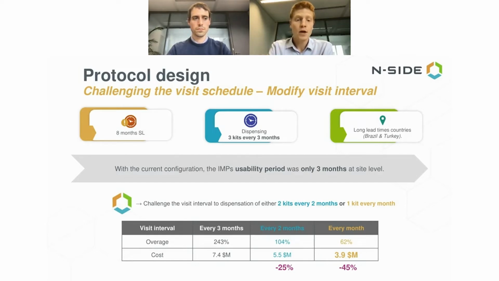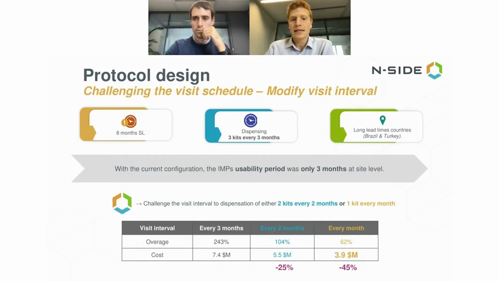The dispensing was 3 kits every 3 months, and we were dealing with long lead times countries like Brazil or Turkey, with over 60 days of lead time. So all these constraints together led us to a usability period of only 3 months at site level.